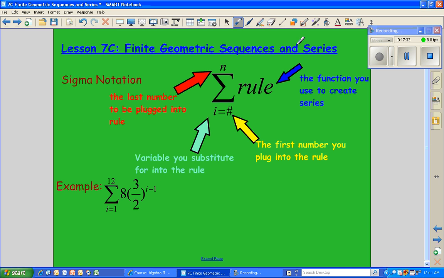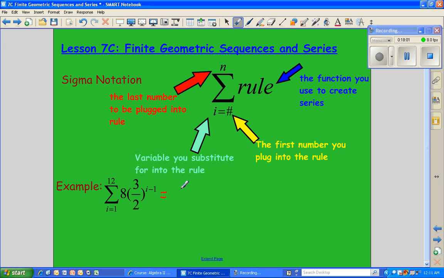All right, now sigma notation is a little bit harder to read. This is new for you. It's got this Greek letter sigma, and at the bottom you have the variable that you're going to work with, your starting number. Up here is your upper number, and then you're going to have your function or the rule that you've created. So it automatically means sum, so you know you're going to have to add this up.